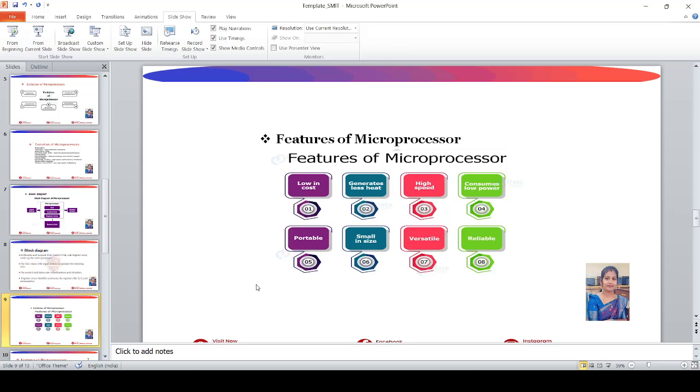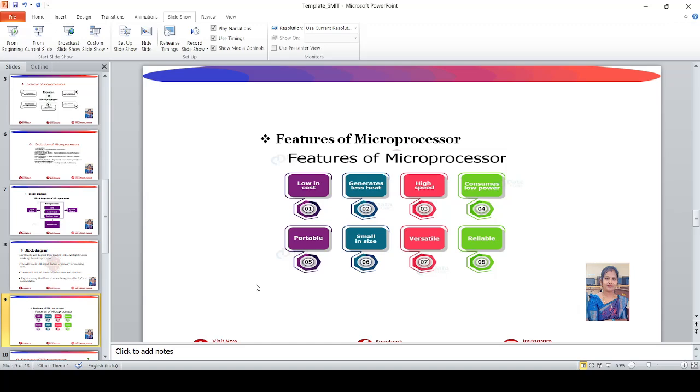Next one is portable. Why is it portable? Because it is small in size and also it takes less power. So we can call it portable, right? Next one is small in size. Already I told you it's small in size because we are using MOS technology, right? Next one is versatile, because it is usable for several applications.